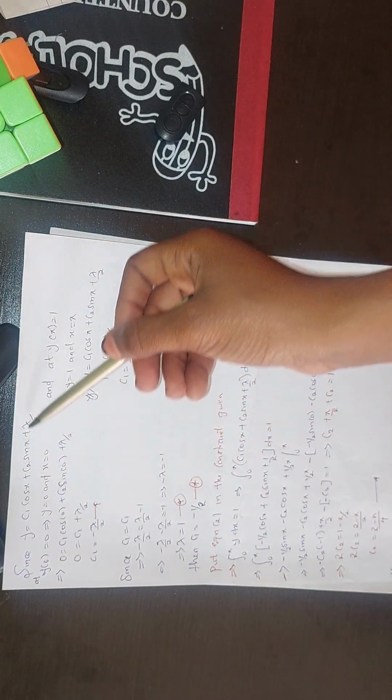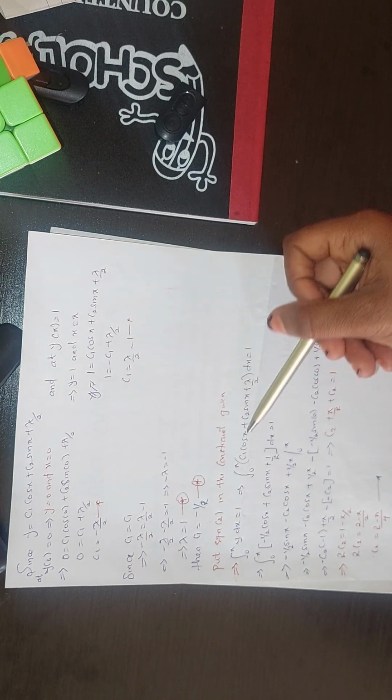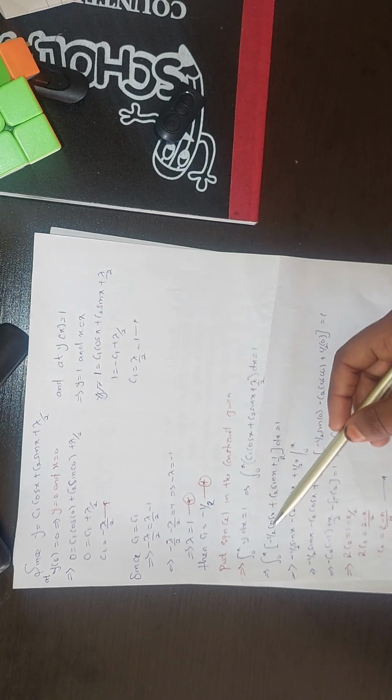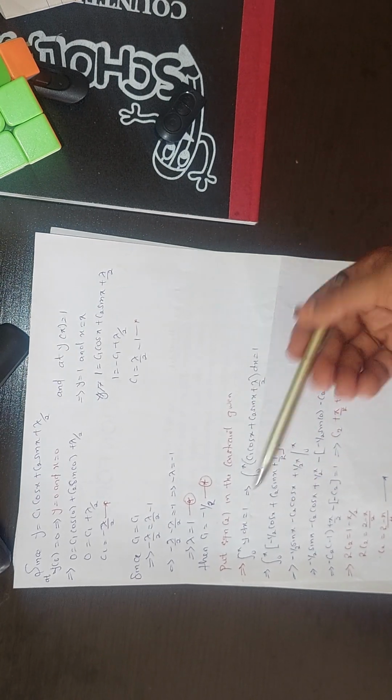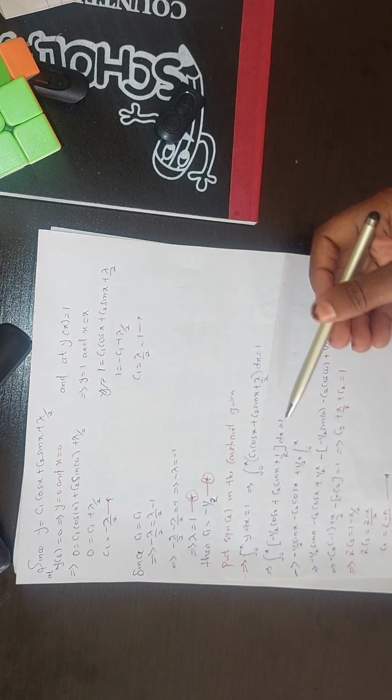My y is what I've gotten before: c1 cos x plus c2 sin x plus lambda over 2. You can do it either way. Either you put in your c1 and your lambda first before putting inside the integral to make your work fast. So here, your c1 is minus 1 over 2, we're looking for c2, and your lambda is 1. So I have 1 over 2, dx equals 1.